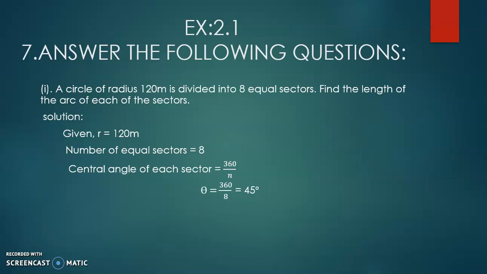Now we can apply the length of the arc. L is equal to theta by 360 into 2 pi r. Just substitute the values. For theta 45 divided by 360 into 2 pi into r value 120. If you are cancelling these values, you can get 30 pi meter. Okay. Is it clear? Yes.